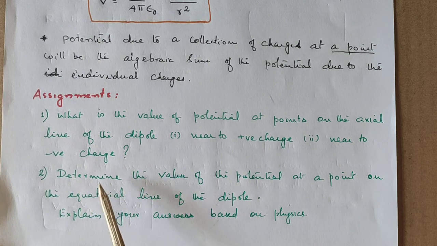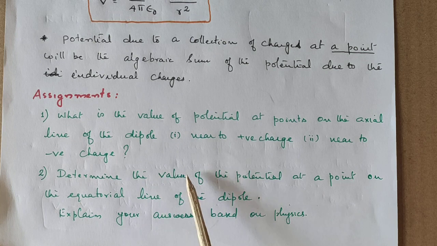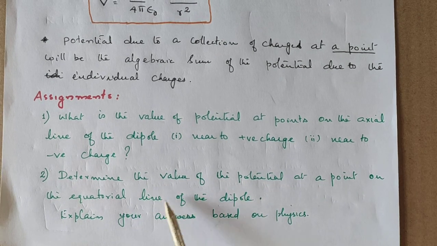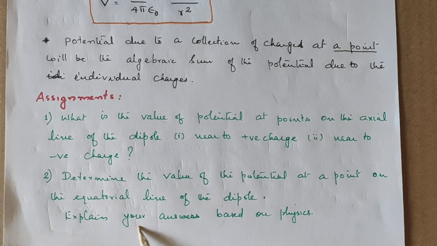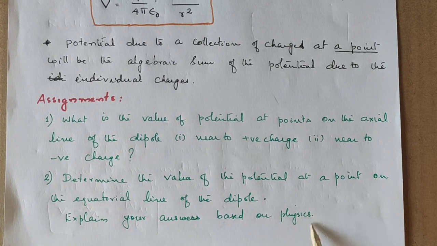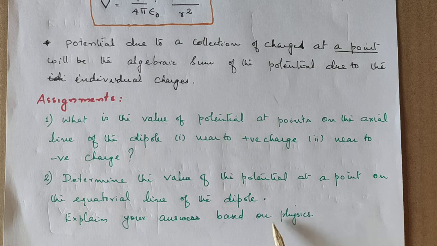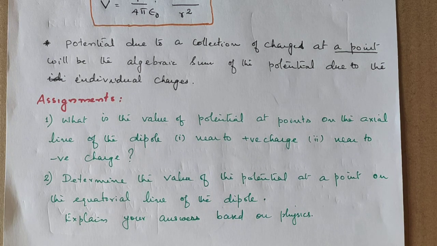And the second assignment is to determine the value of the potential at a point on the equatorial line of the dipole. Now here, I want you to analyze the answer and explain your answers based on physics. Because you will be getting the answers from your mathematical equation, but you must find out the physics behind it. Okay? That's all for now.